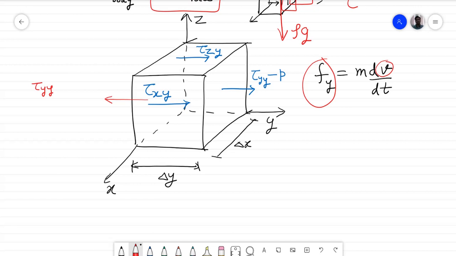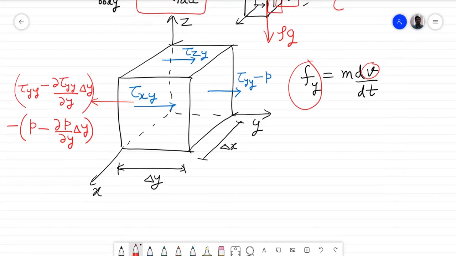So we have to go back delta y, so this will be tau yy minus dou tau yy by dou y delta y. Okay, this is the viscous stress part. Similarly, for pressure, it will be minus p minus dou p by dou y delta y.